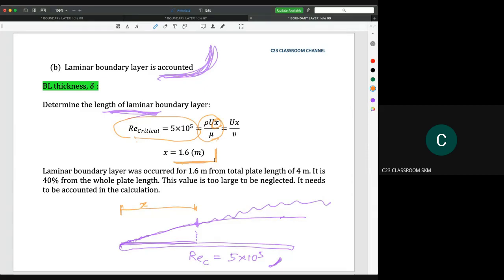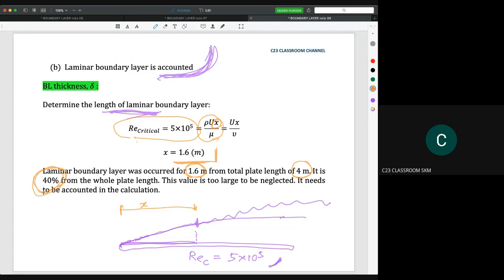And then the length is 1.6 meter over 4 meter, because the total length of the plate is 4 meter, and 1.6 is laminar boundary layer. So the laminar boundary layer is around 40% of the whole plate. 40% is a big number, a big portion.